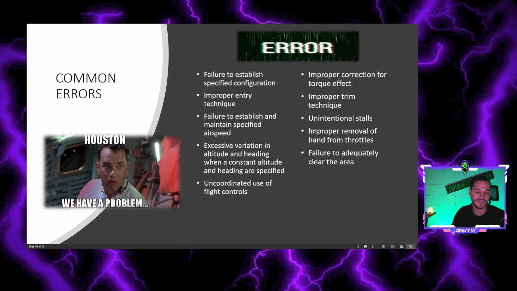Failure to establish and maintain specified airspeed. Obviously, we're doing this at VS, so we want to be between 55 and 65 knots, aiming for 55 knots to get that slowest airspeed. Failure to maintain that is a common failure, getting too slow or going way too fast.